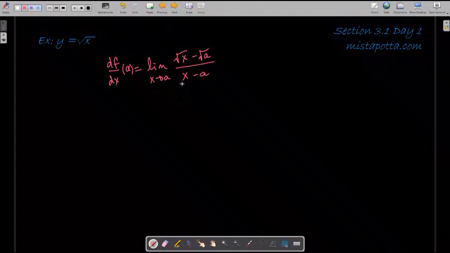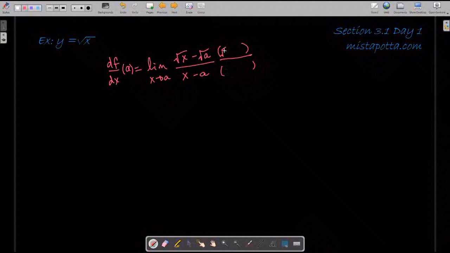And in order to facilitate that, I'm going to take this root x minus root a and multiply my numerator and denominator by the conjugate, root x plus root a. And this is usually my mode of attack whenever I'm dealing with radicals that I can't eliminate, is to try and multiply by the conjugate.